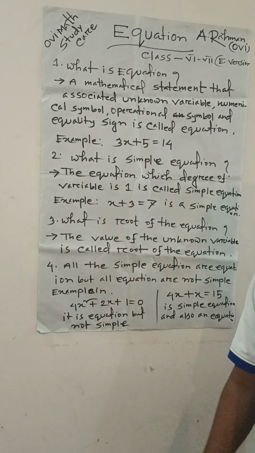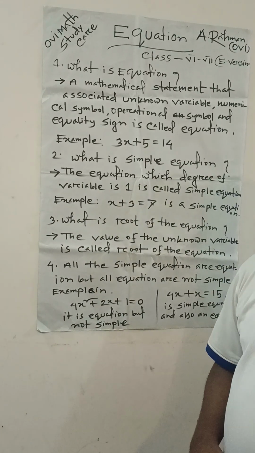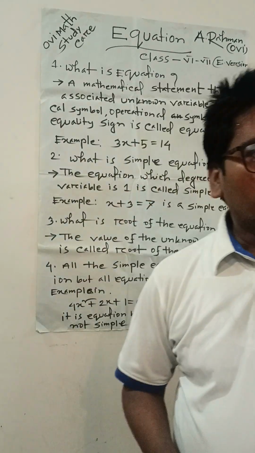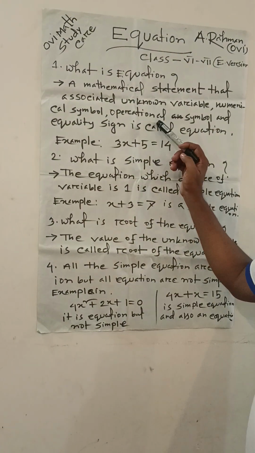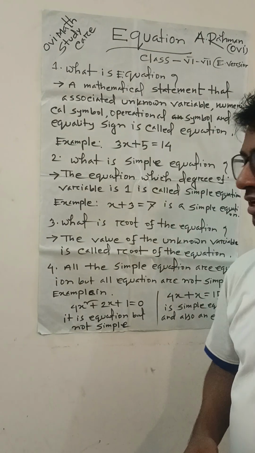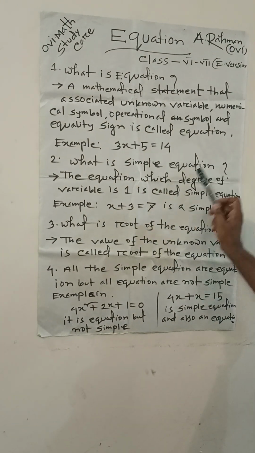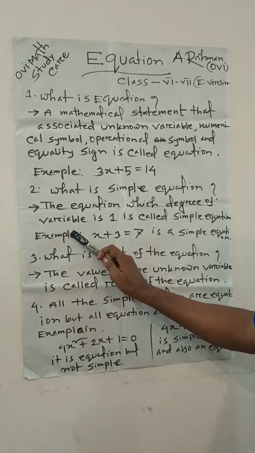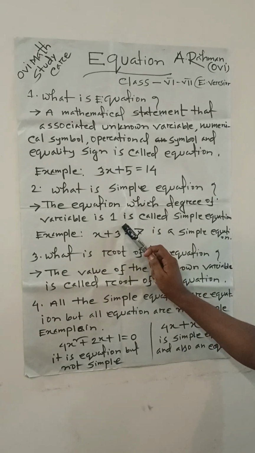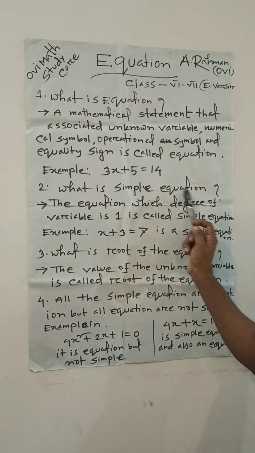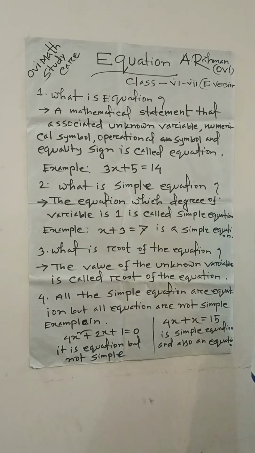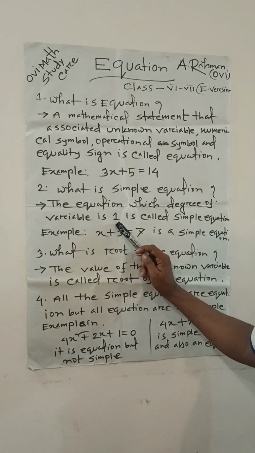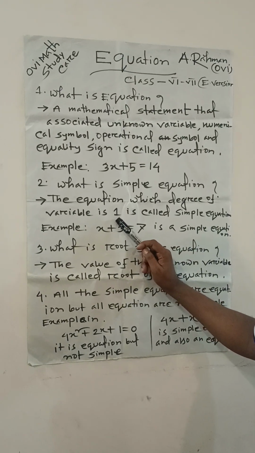Our next question: what is simple equation? We have a clear idea about the equation. And next question is, what is simple equation? The equation whose degree of variable is 1, that means the power of x will be 1, then it is called simple equation.